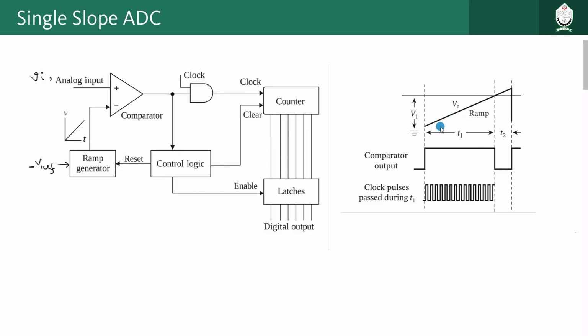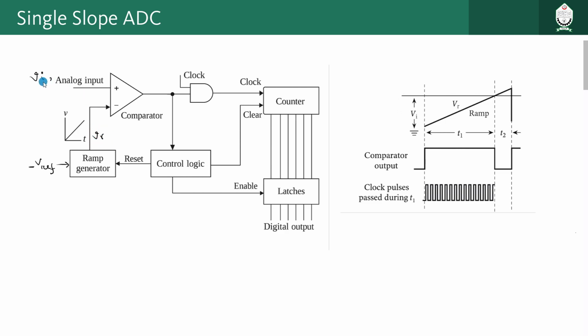We can safely assume that whenever this process starts, the input analog voltage is higher than the RAM voltage. In this graph, this is the input signal Vi coming from this pin, and the RAM generator starts from 0 voltage and gradually increases its value. But if you compare these two, initially Vi is still at a higher voltage compared to VR. VR is the output coming here and Vi is this one.